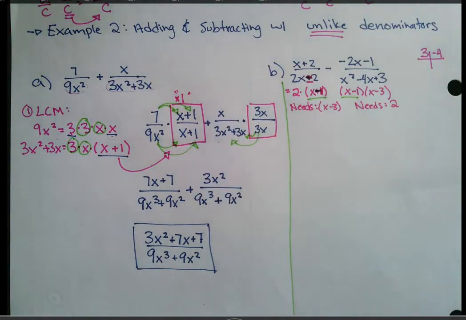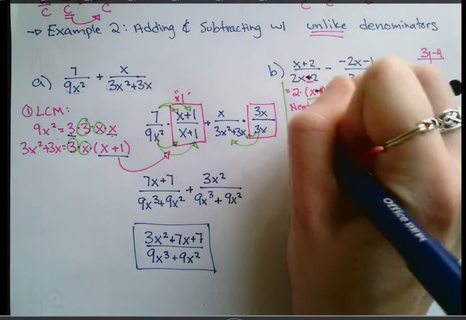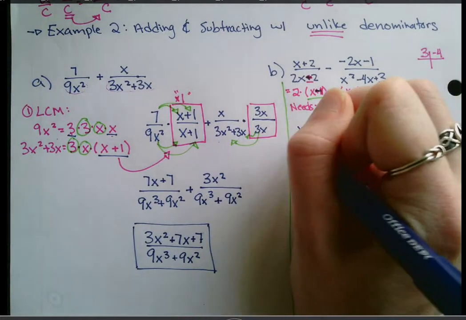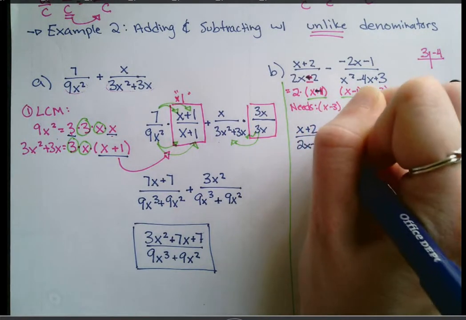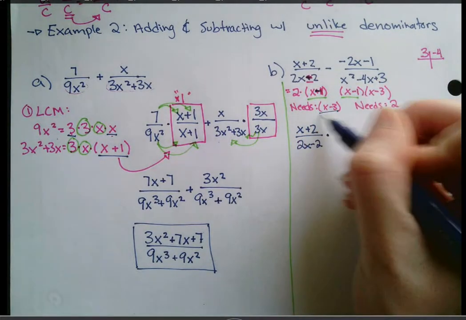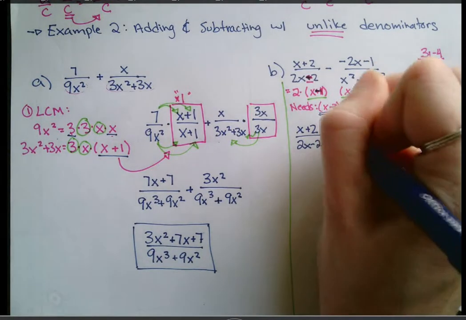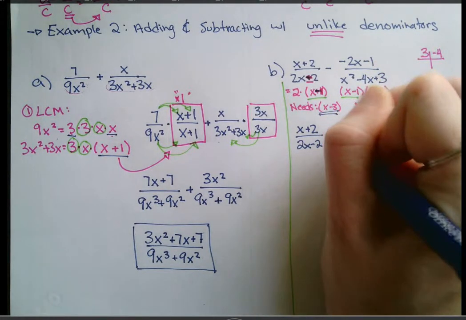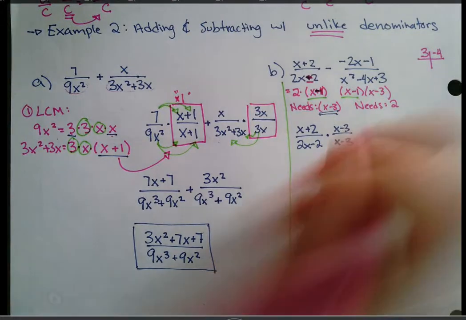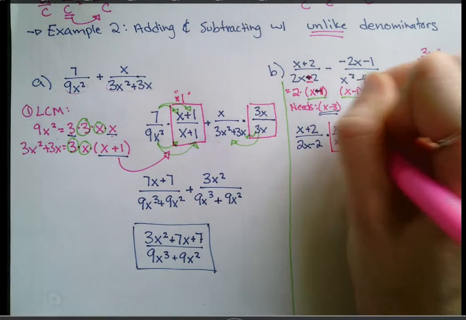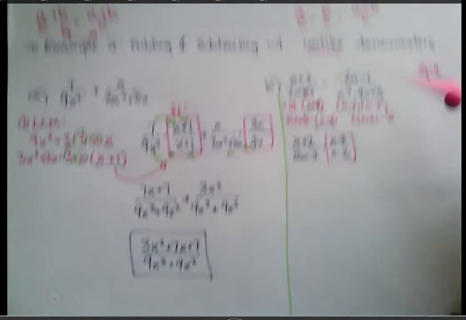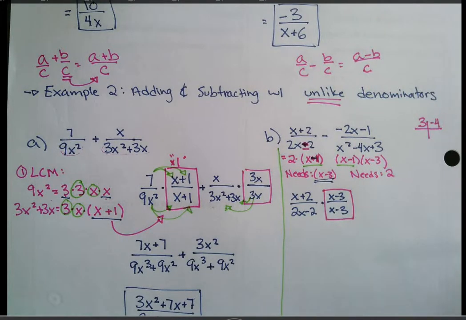So what that's going to look like down below is I'm going to have an x plus 2 divided by 2x minus 2, and I'm going to be multiplying by what it needs still. What's different? That x minus 3 divided by x minus 3. So this is that additional part that we're adding on to get that common denominator to use this rule to add and subtract.